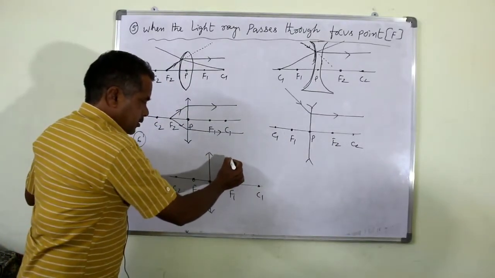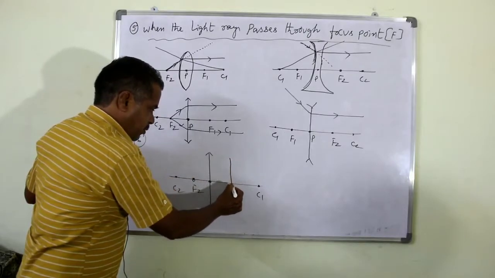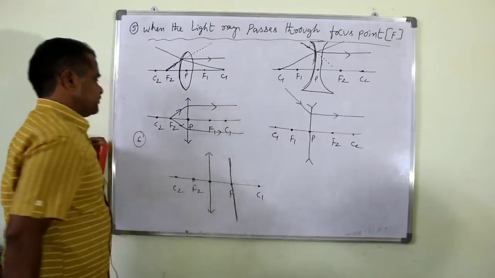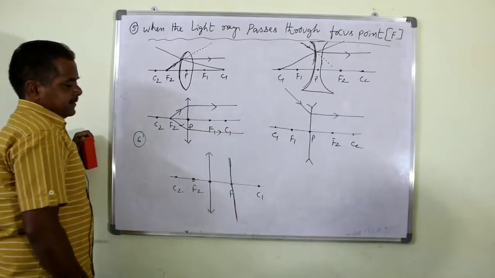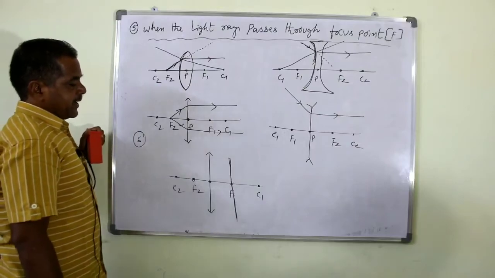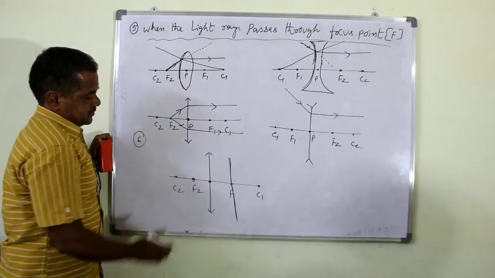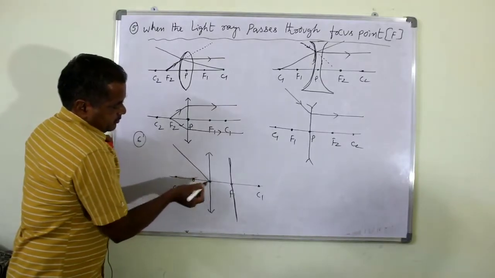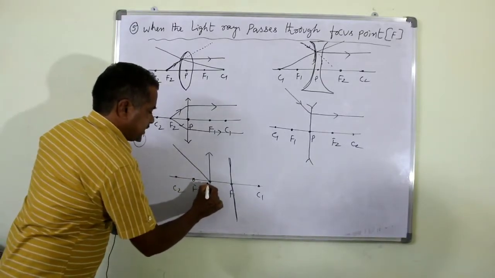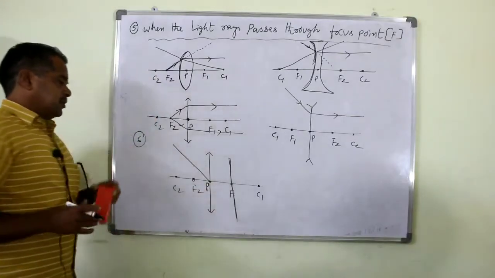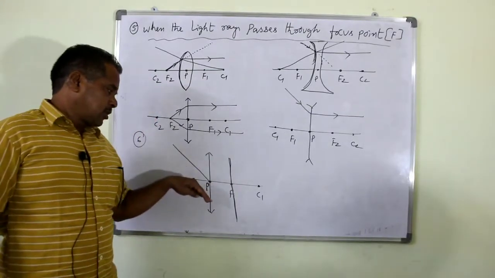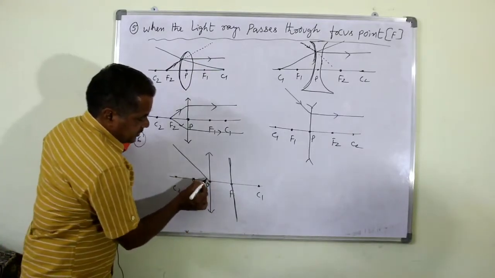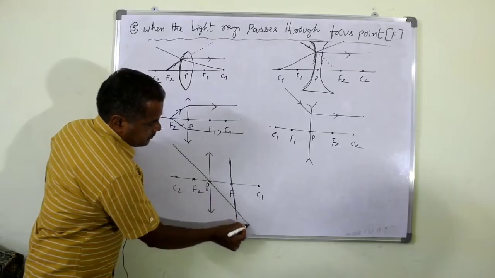Here draw one plane in the form of a straight line which is passing through the focus point. So any light rays which make some angle with the principal axis here. So draw the first line which is passing through the optic center P. We have already known that any light ray which passes through the optic center, the corresponding refracted ray doesn't deviate its direction, it moves in the same direction.